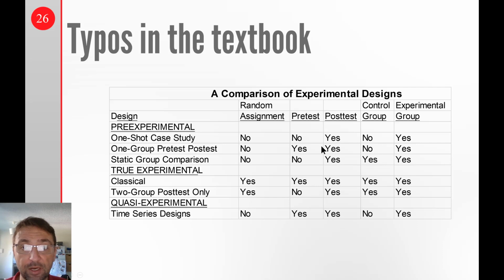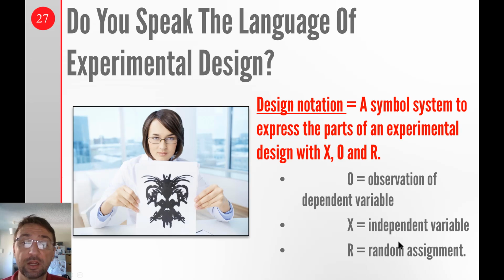My fault. But so there's no random assignment. In the true experiment, we have random assignment. That's the key difference. And with a time series design, we can see here we don't have random assignment, but we also don't have a control group. Why don't we have a control group in a time series design? Because we're doing it on the one group over time. We just have an experimental group, but because we vary whether we give them the treatment at one time or another, there's no control group, right?